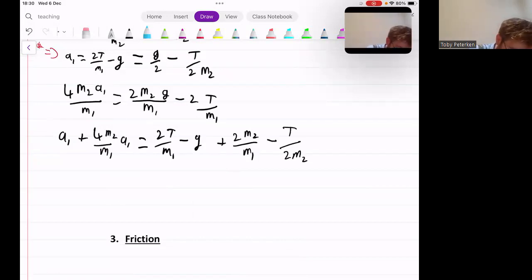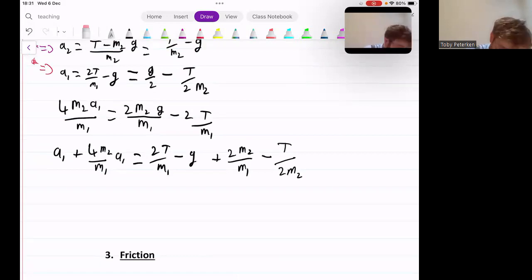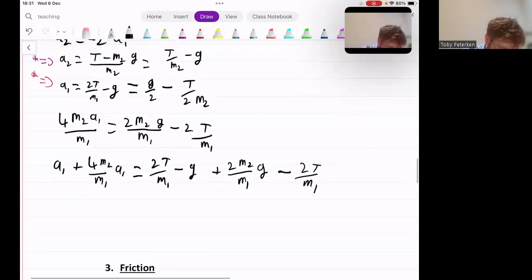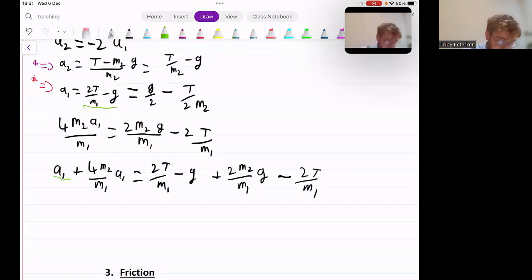And then what we can see is g minus 2T over m1. So what I've done is I've added a1 in the form of this, and then what I wanted to do was cancel out. So I created this here, which is maybe quite complicated.